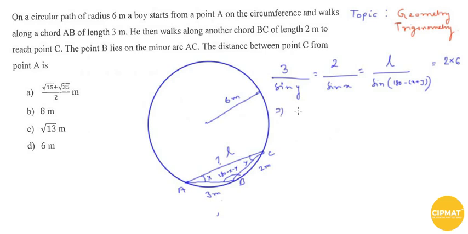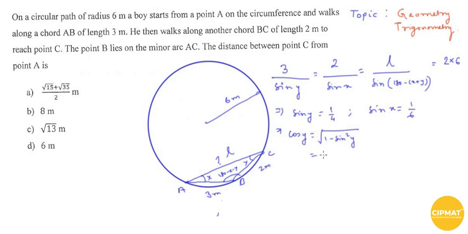Now from here I can say sine Y equals 3 by 12, that is 1 by 4, and we have sine X equal to 2 by 12, that is 1 by 6. So from here I can find out the value of cos Y. Cos Y will be root over 1 minus sine square Y. Plug in the value of sine Y here.